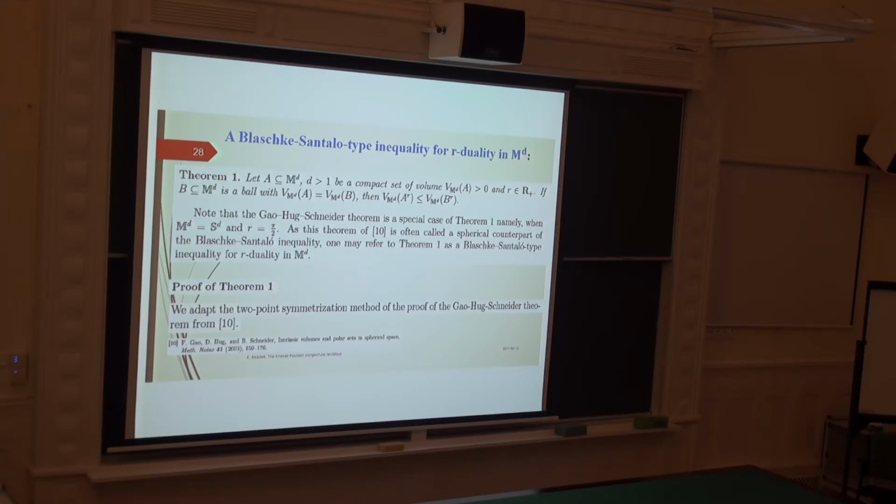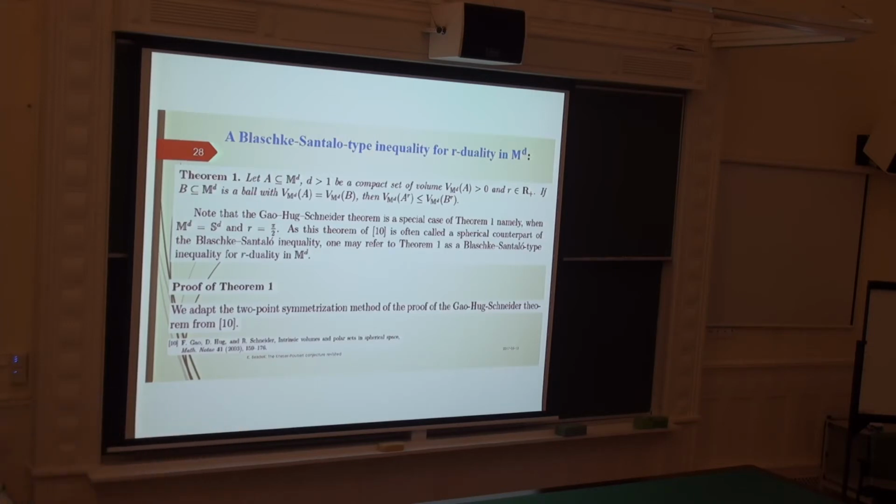And this is a generalization of the Gao-Hug-Schneider theorem, namely when the space of constant curvature is spherical and the radius is pi over 2, then the R-dual of our set is the spherical polar of that. Now, the proof is another lucky circumstance, because their proof in spherical space is an application of this method called two-point symmetrization, but it is applied indirectly to the polar set.